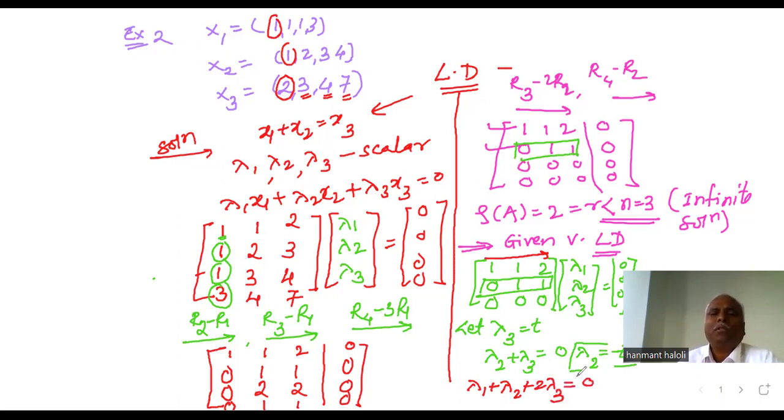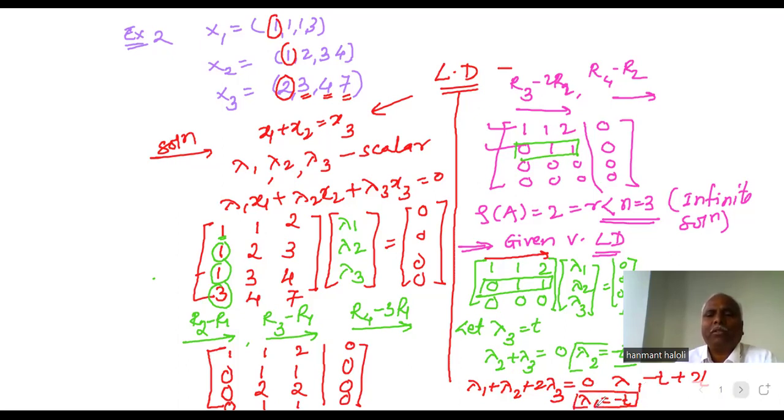Then put all the lambda values here. Lambda 2 is minus t, lambda 3 is plus t, then you get lambda 1 equal to minus t again.